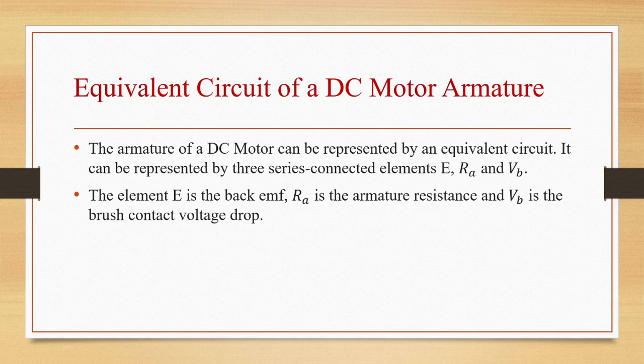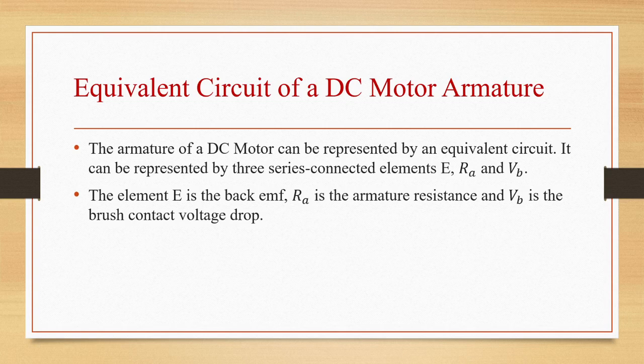E or EB, we can represent EB by E also. So E is the back EMF, RA is the armature resistance, and VB is the brush contact drop or brush contact voltage drop.